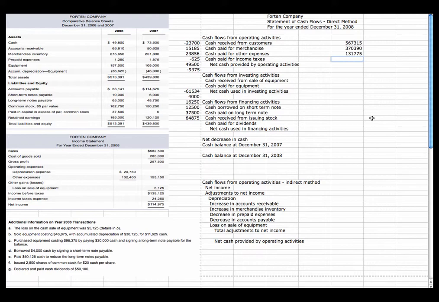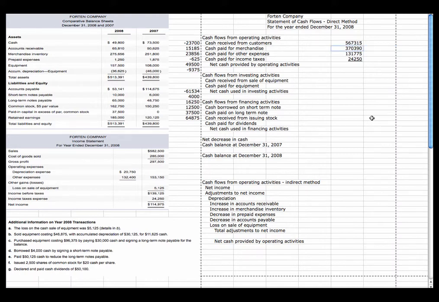The cash paid for the income taxes, if we take a look, where do we come up with cash paid for income taxes? Of $24,250. So therefore, we come up and we can. Now we have to look at these because they're paid, they're actually negatives.